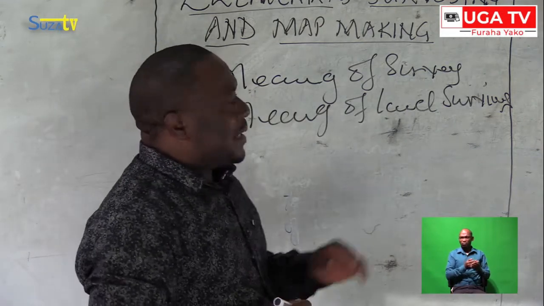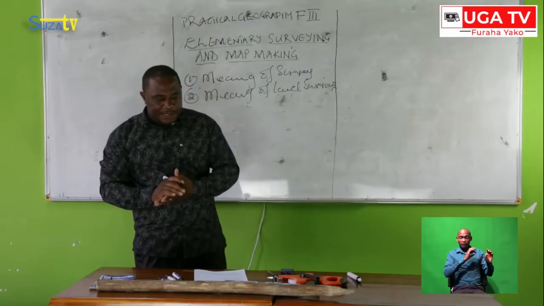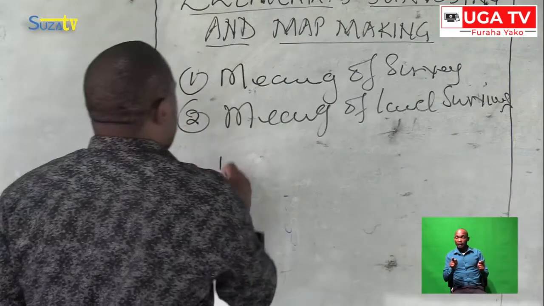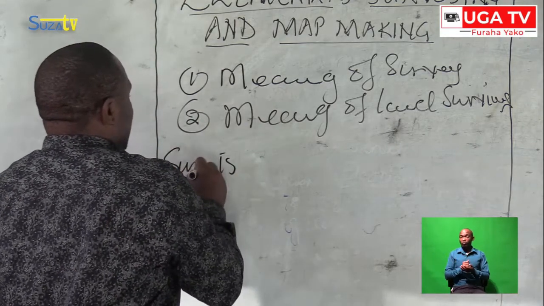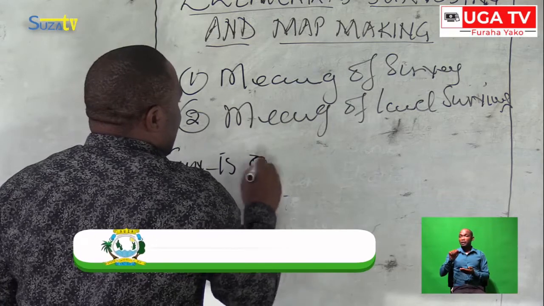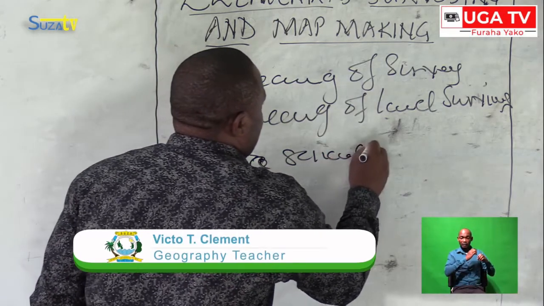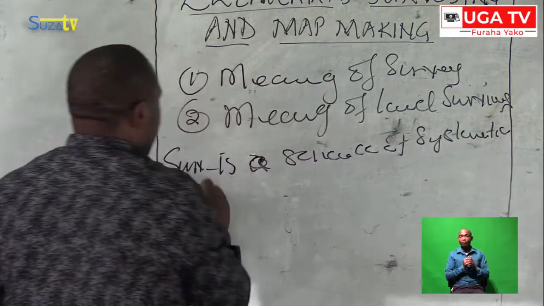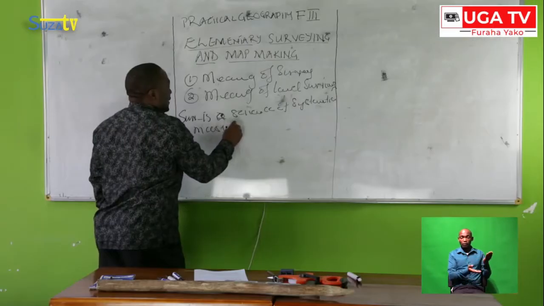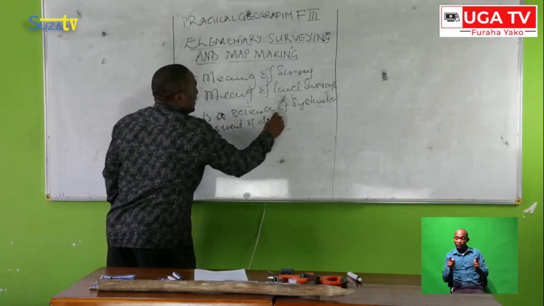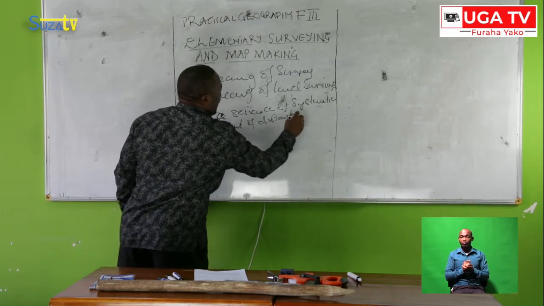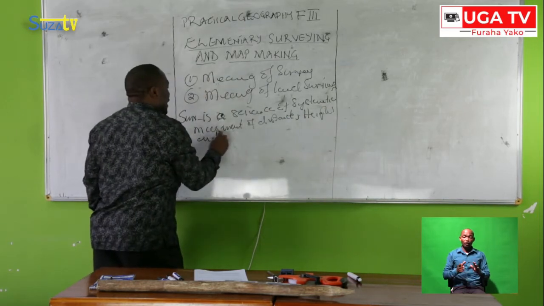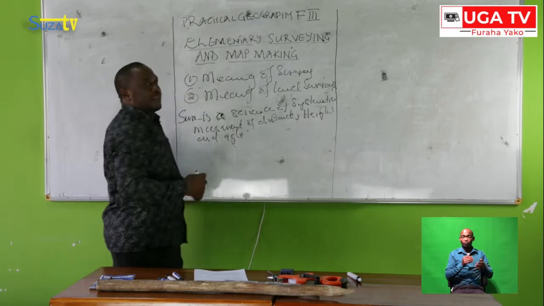A survey is a science of systematic measurement of distance, height, and angle on the Earth's surface.